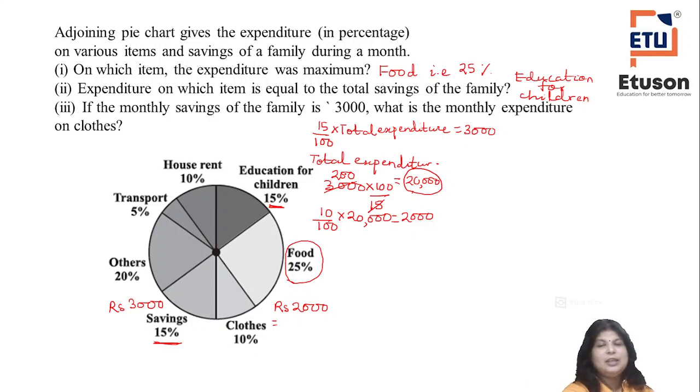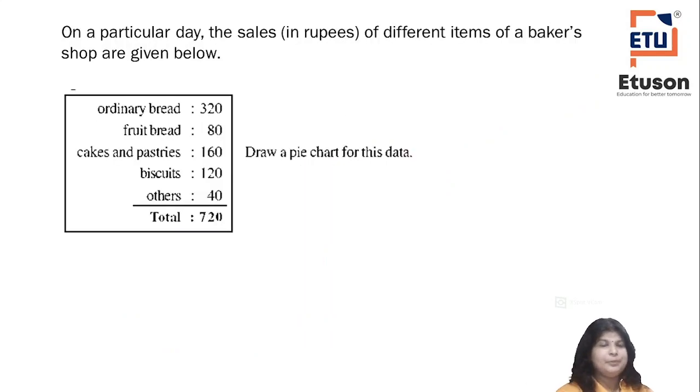Okay children, now let us take one more example and draw the pie chart for it. In this question, on a particular day, the sales of different items of a baker's shop are given below. In the baker's shop, you have ordinary bread, for which the sale is 320, fruit bread it is 80, cakes and pastries 160, biscuit 120, others 40.